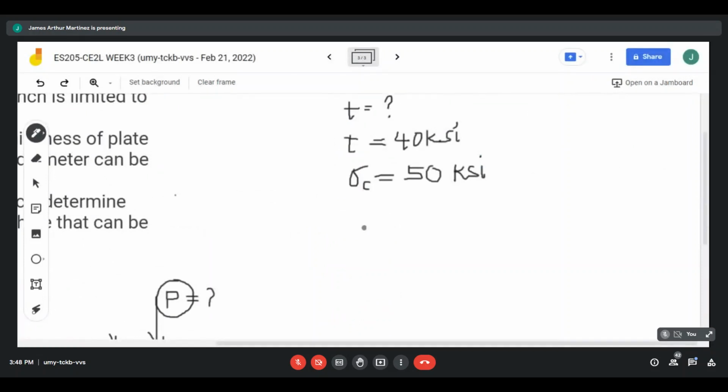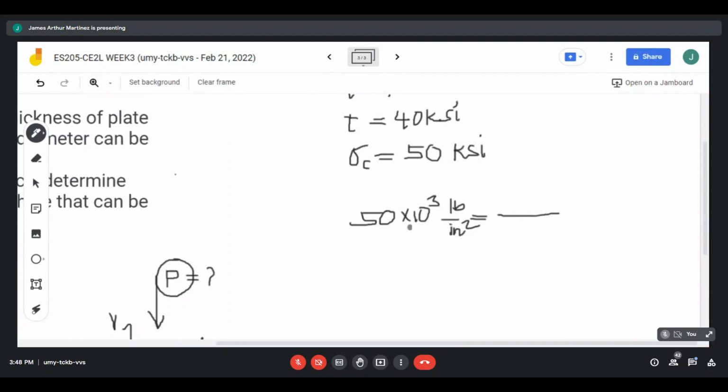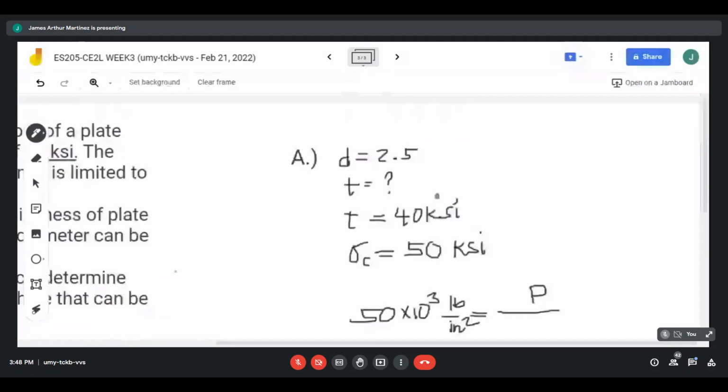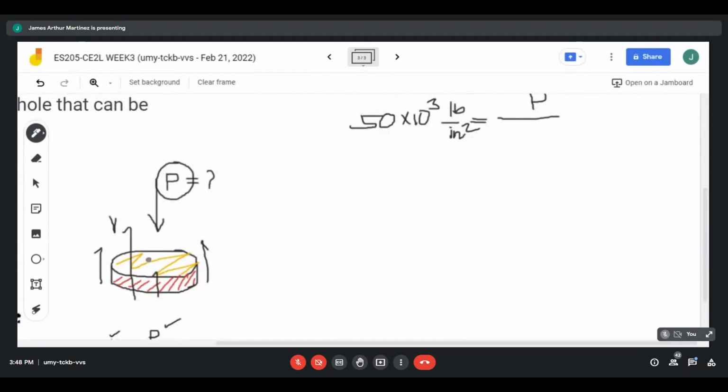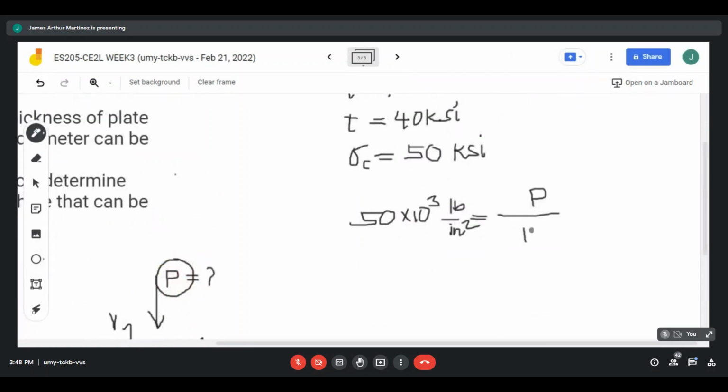So you are given compressive stress equal to 50 KSI, so 50 times 10 to the power of 3, pounds per square inch. This comes from the formula for normal stress, sigma equals P over A. The area to consider is a circular area, so the area of a circle, pi r squared.